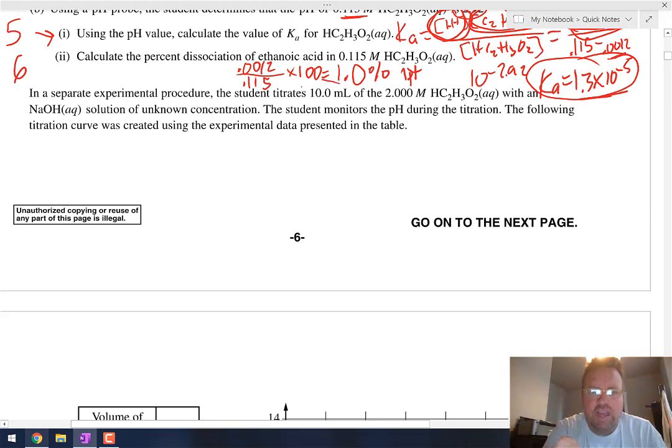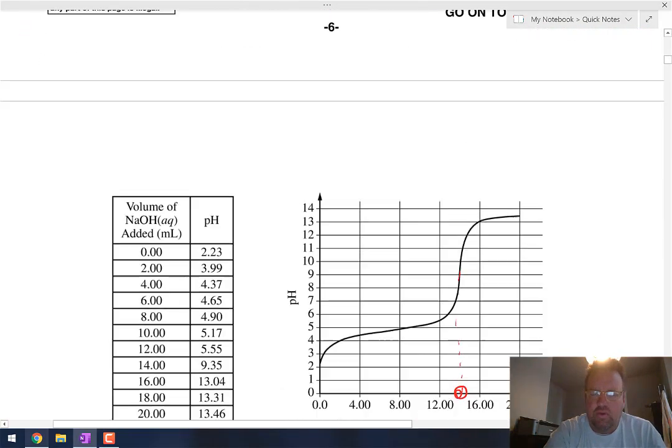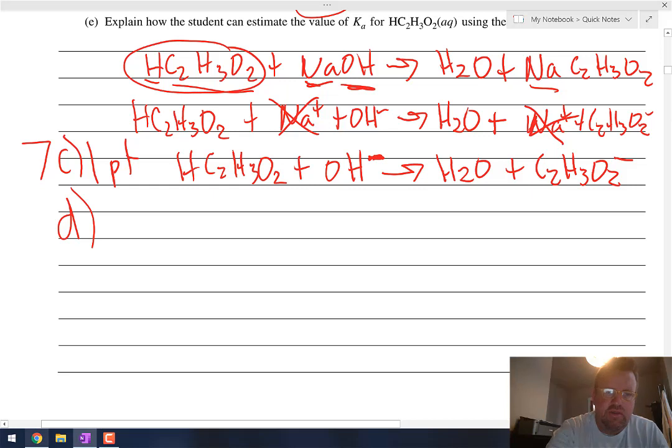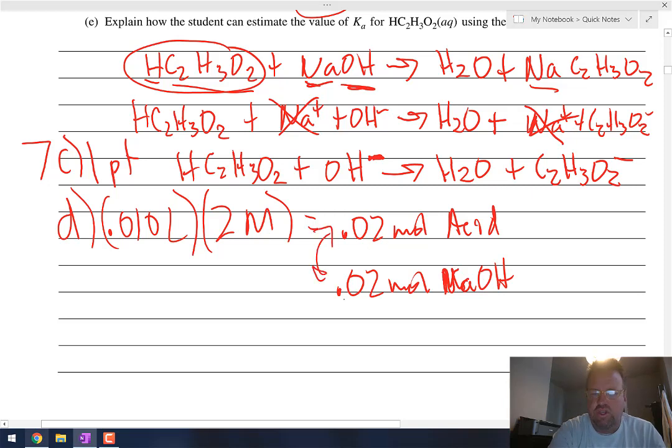So we have 10 milliliters of 2 molar acid. So we can use that to figure out how many moles of acid we used. So 10 milliliters is 0.010 liters times 2 molar equals 0.02 moles of the acid. And then therefore, to reach the equivalence point, you had to have 0.02 moles of the NaOH as well. Remember, at the equivalence point, those two are equal to each other.